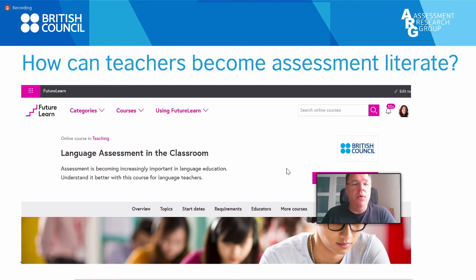It's a 6-week course on the FutureLearn platform, and it's completely free. And you just have to sign up, and when the course opens, then you send an email saying that the course is starting and you can do the course. And some of you may well have done this course already. I hope some of you have. It was quite popular in Turkey the last time it ran.